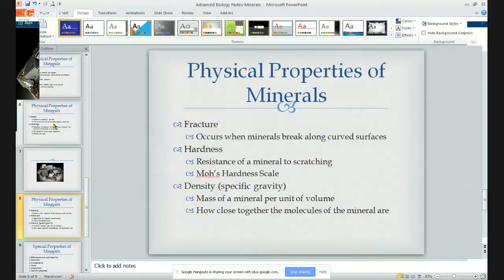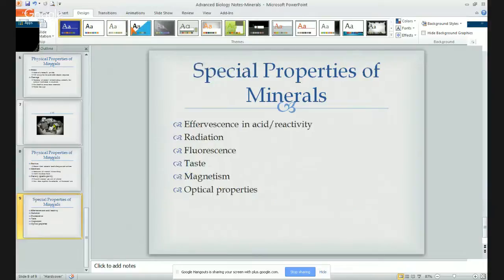There's a couple of special properties that sometimes we'll use to identify your minerals. The first is effervescence in acid.